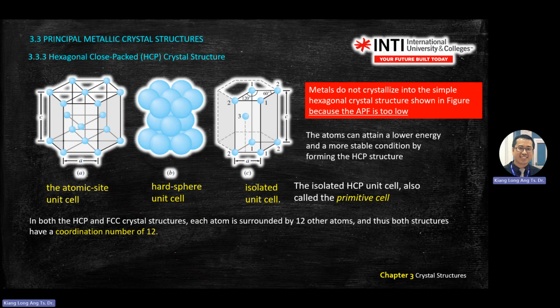You try to imagine, let's say you are this FCC atom. This is half, right? So this atom is surrounded by the top four atoms.